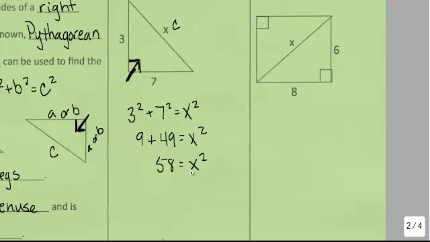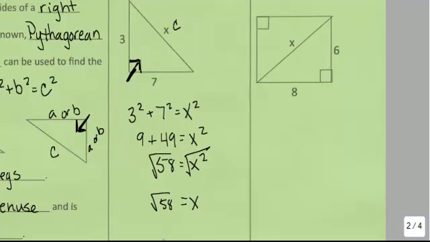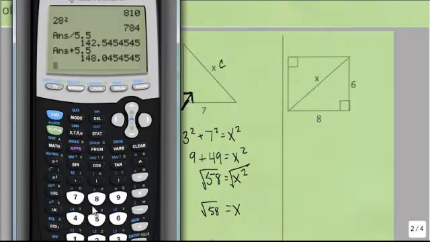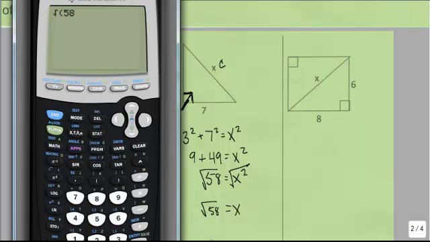To undo the x squared, you take the square root of both sides, and x is the square root of 58. You can leave it like that, or you can put the square root of 58 in your calculator and do a decimal that way. So square root of 58, 7.61 or 7.62.